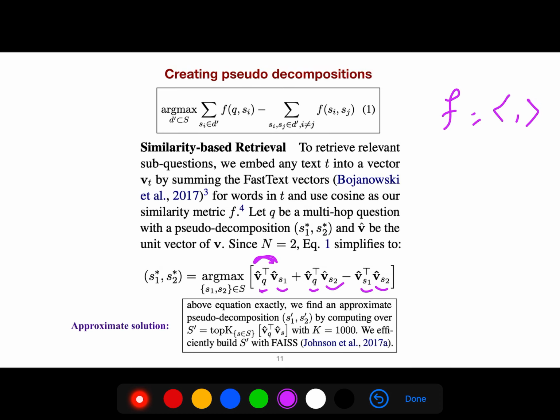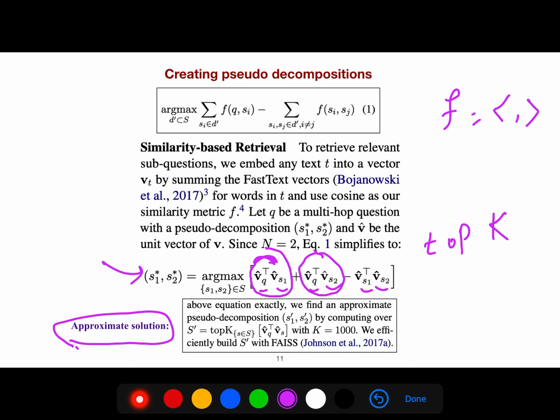And so we have found our sub-questions using this. But it's so complicated, that's why we use the approximate solution. So we just find an approximate pseudo decomposition over the top K of this one and this one. Of course, n is here 2.